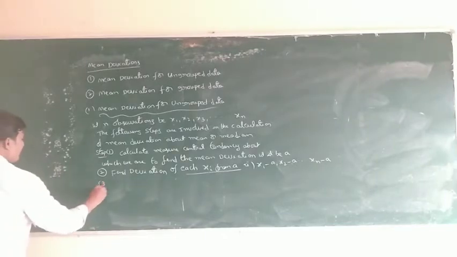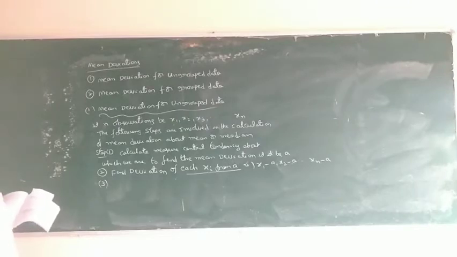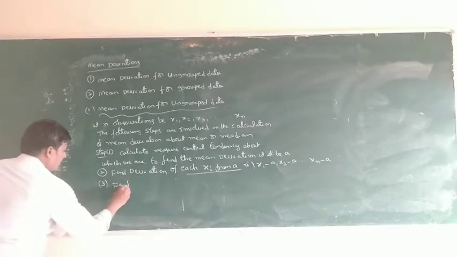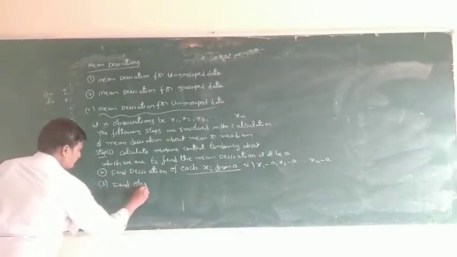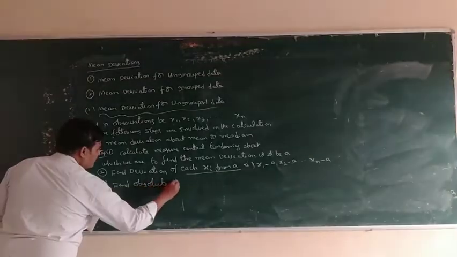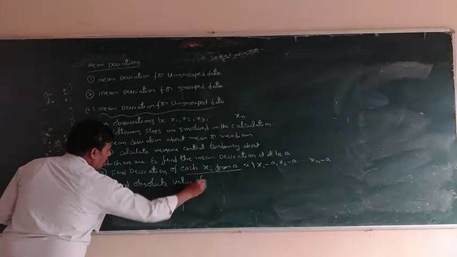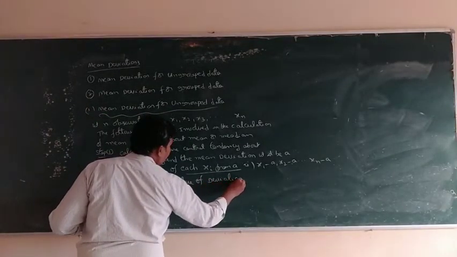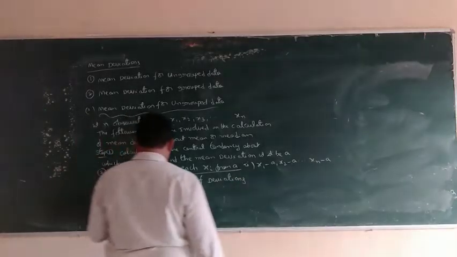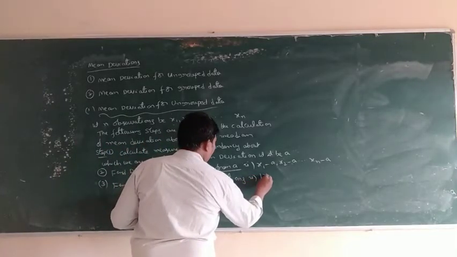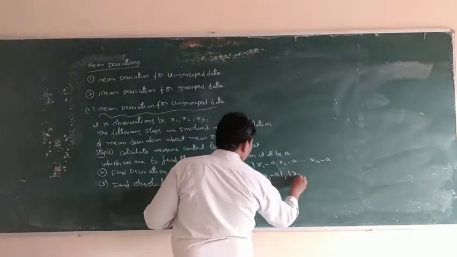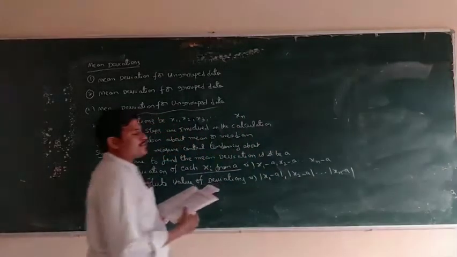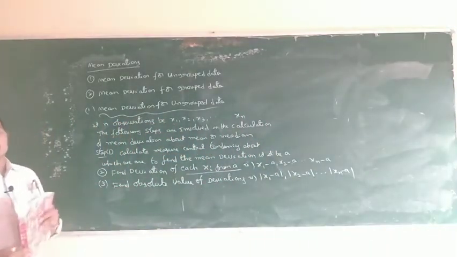Step number 3. Find the absolute value of the deviations. Absolute value of deviations, that is mod of x1 minus A, mod of x2 minus A, and so on, mod of xn minus A. Absolute value means positive values, the exact value.